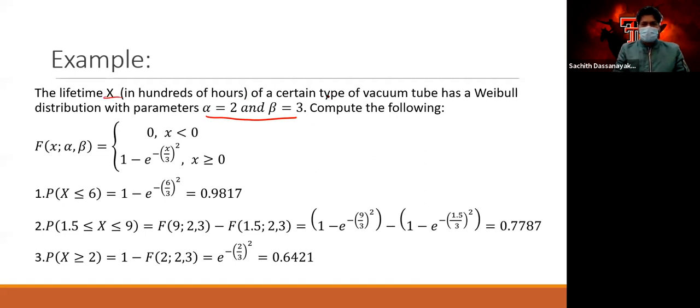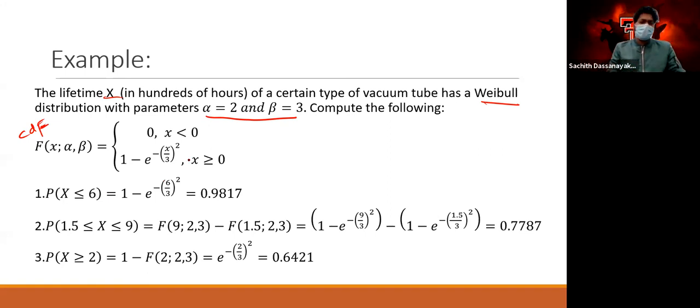X belongs to a Weibull distribution, so you know what the CDF is. They have copied the CDF from the last page here. What you need to find is the probability of X less than or equal to 6. Simply plug in the values: 1 minus e to the power of negative, 6 over 3 squared. Simplify it and you can get the answer.